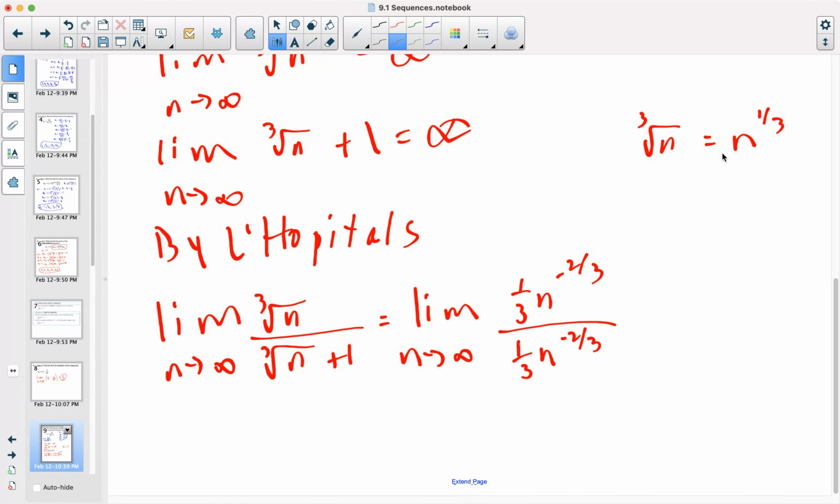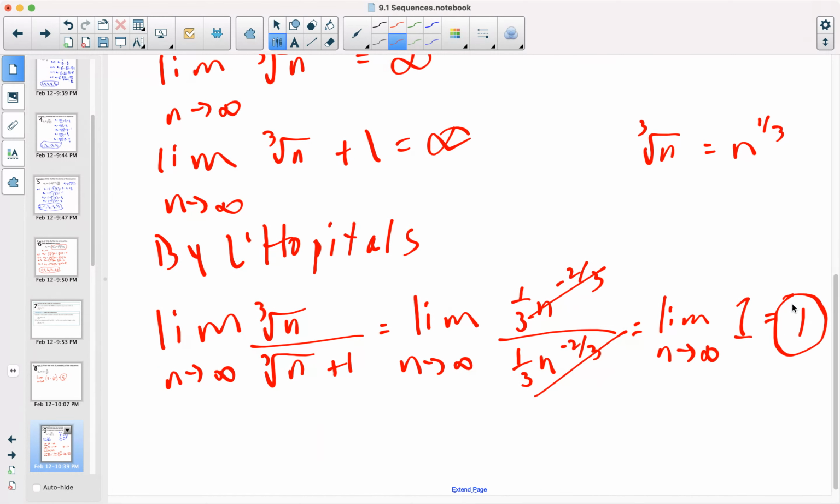Take a derivative, the 1/3 goes in front, we subtract 1 from that. Well, the numerator and the denominator equal each other. So look at that. And the limit as n approaches infinity of a constant is the constant.